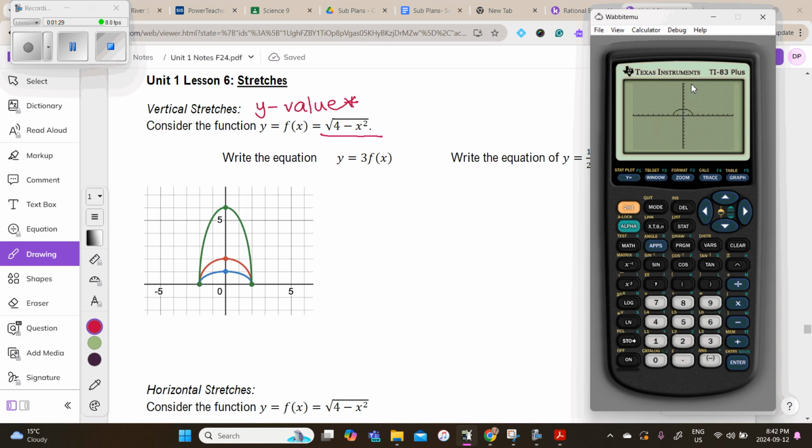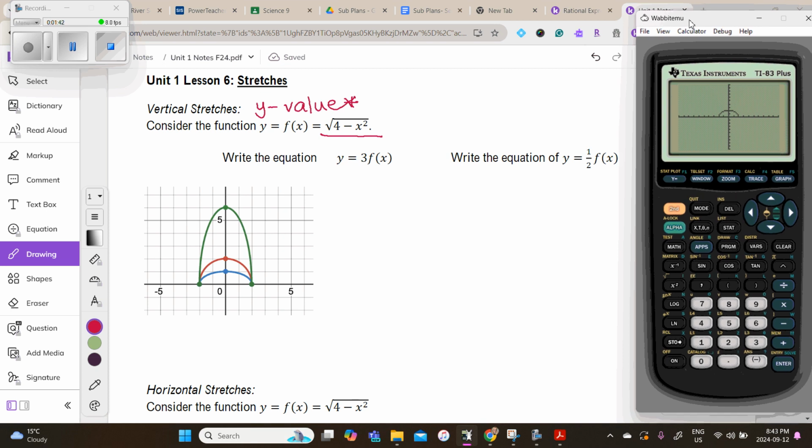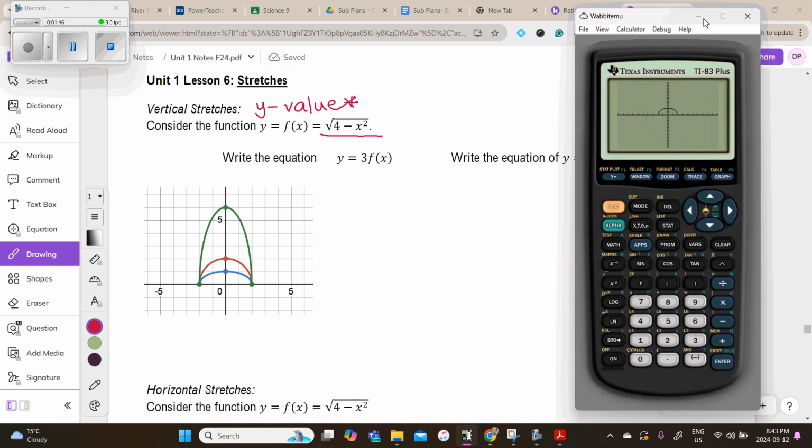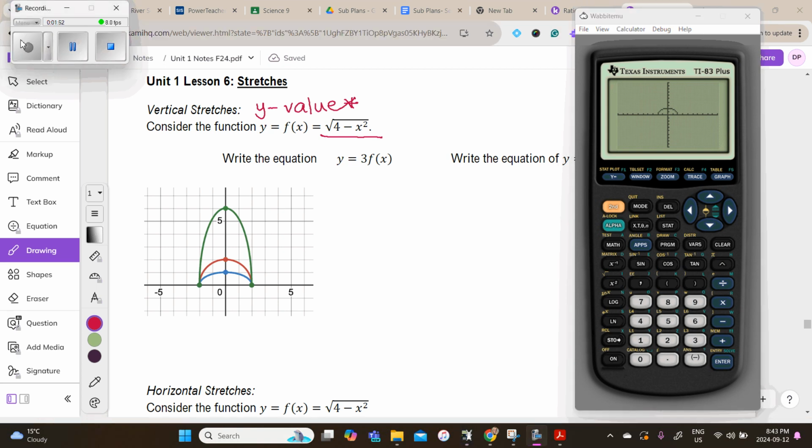From there, we are going to make two different equations. We are going to take 3 times f of x, and we are also going to take 1/2 times f of x. So let's think about that in terms of our equation.